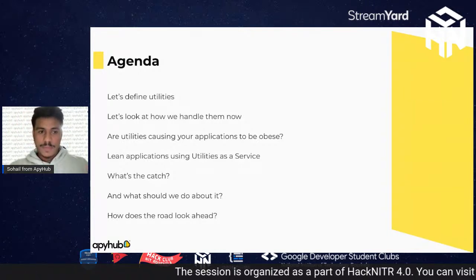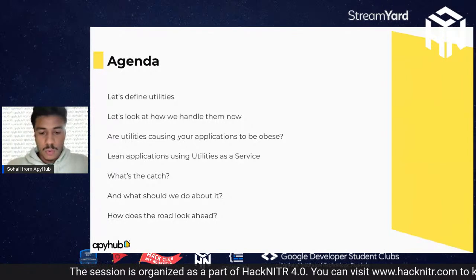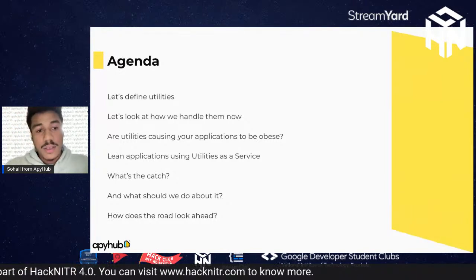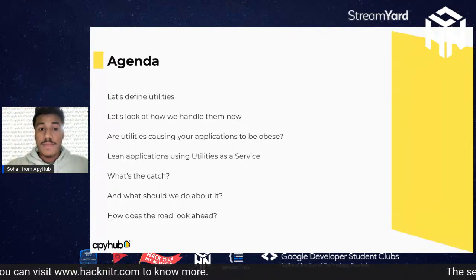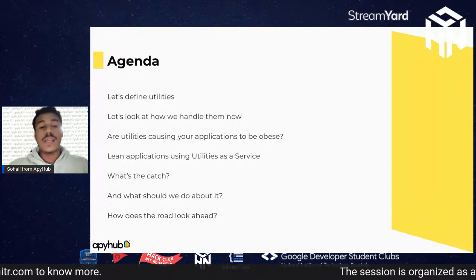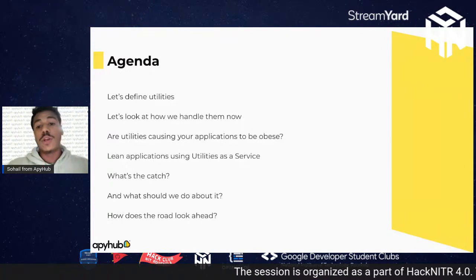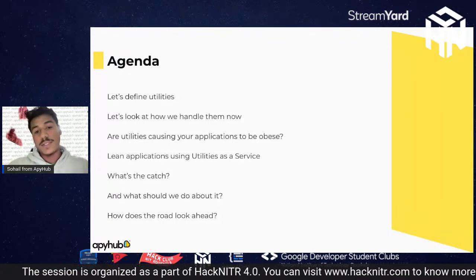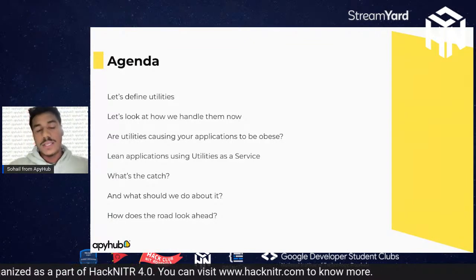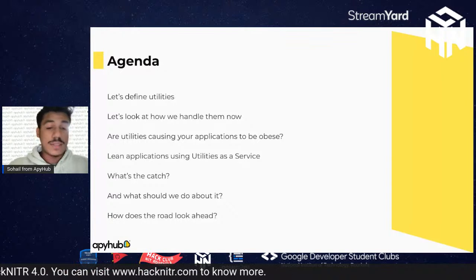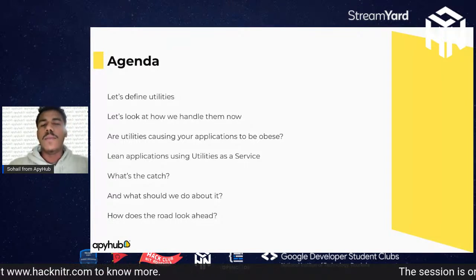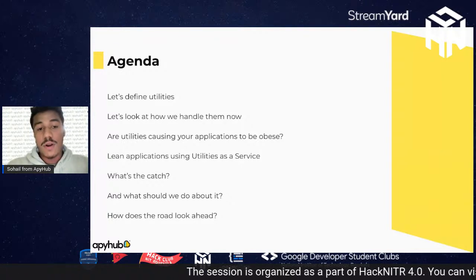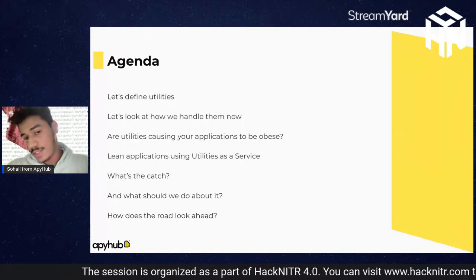So the agenda will take you from utilities, how the tradition has been, how developers have been using utilities in their applications from the ages. And since you are the ones who are going to participate in the hackathon, you might also develop utilities for one of your use cases. This might help you concentrate more on solving the business logic rather than building the APIs. We'll cover everything, and at the end I would love to tell you how AppHub is solving this problem.